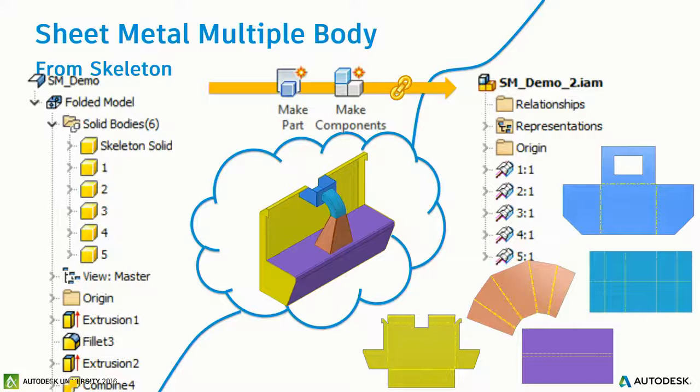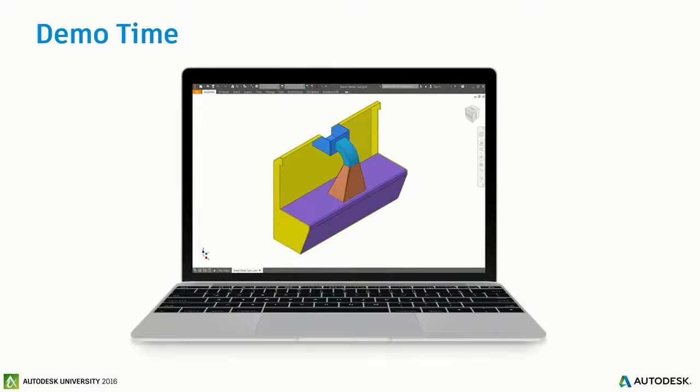I think we don't need to demo this one, since I just demoed many approaches. I have a skeleton model provided, so I can upload it in the AU class, and you can download it later to practice.